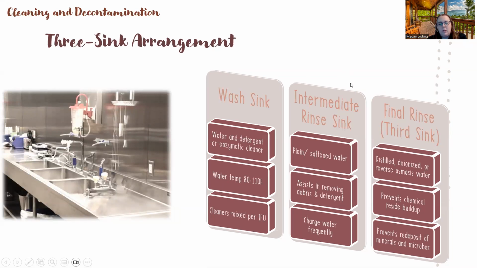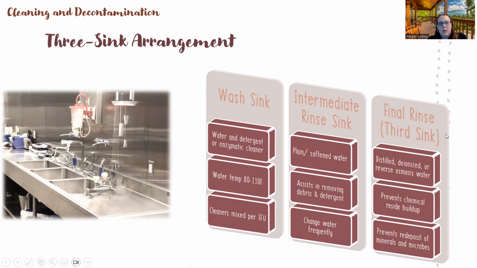So the middle sink is just the intermediate, but it's also used as a rinse sink. So first you're washing, scrubbing, okay? Then you're going to rinse that off with plain or softened water, which is going to remove the detergent that you just used and any debris that might be left on it. So this water needs to be changed very frequently.